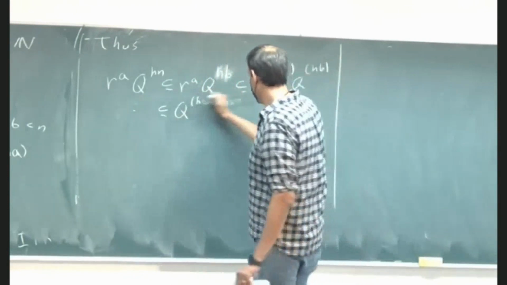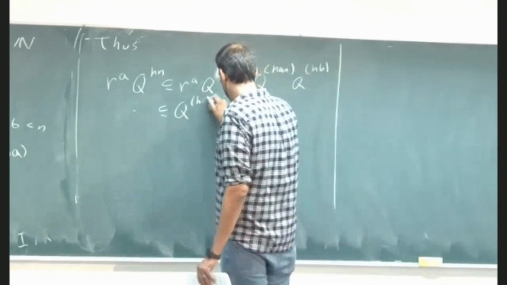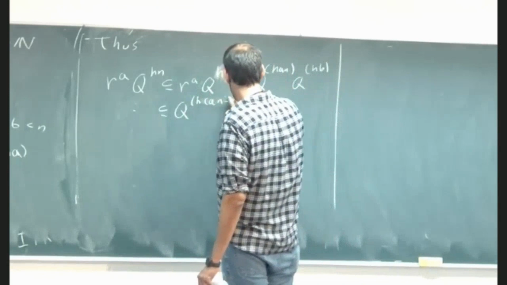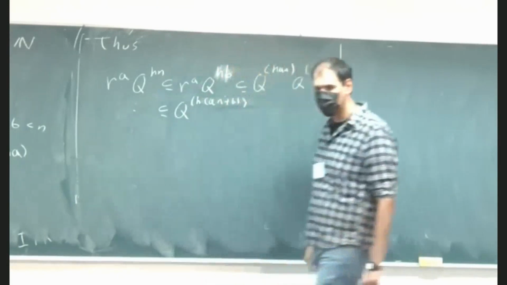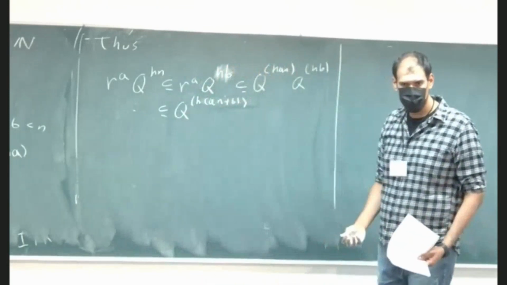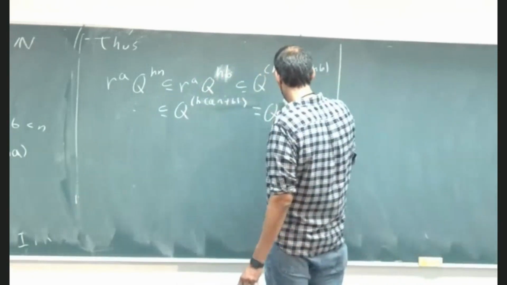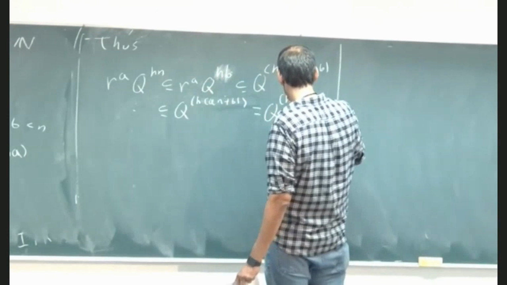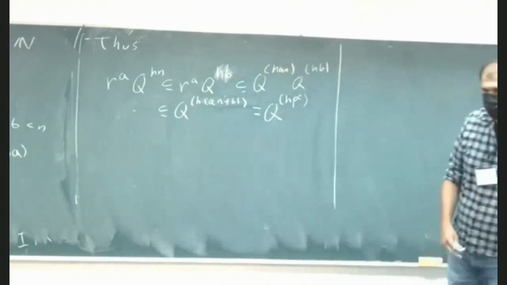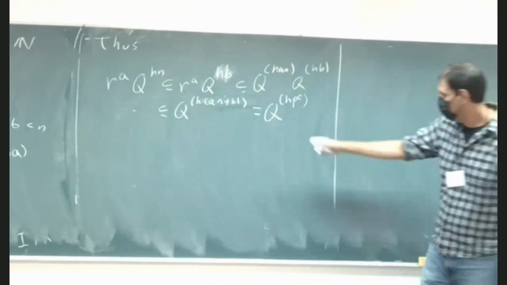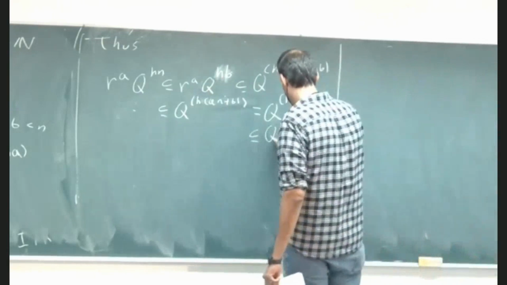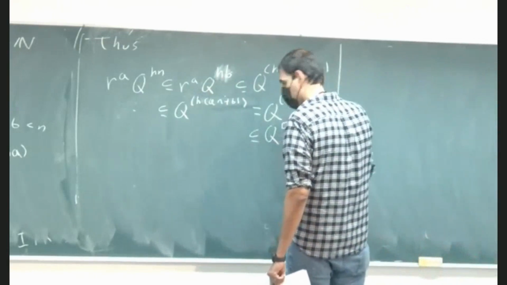Let me just rewrite this as h times a n plus b, which we know is p to the e, from what we applied the division algorithm, symbolic h p to the e. And then we look at the homework in the future. This is contained in Q bracket p to the e.